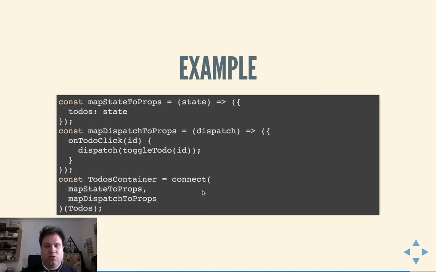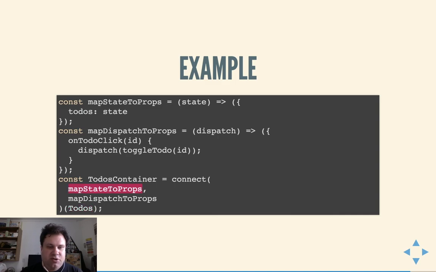Here's an example to illustrate what I mean. So we're creating this container component called TodosContainer for this presentational component called Todos, which supposedly is a list of to-do items.